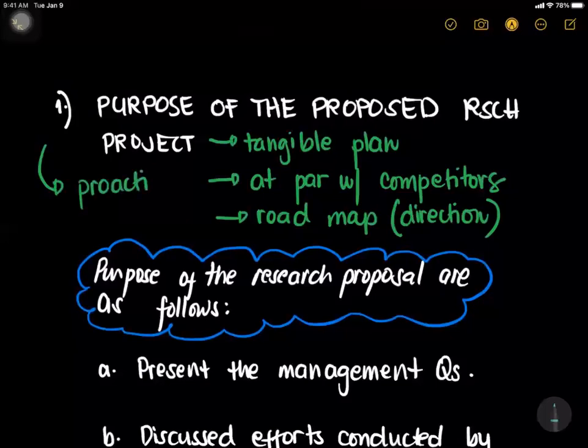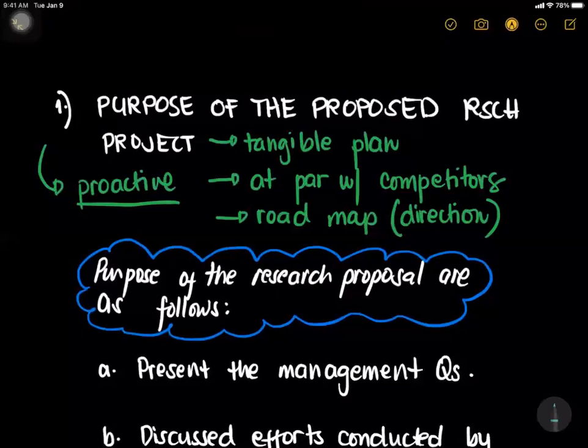That means you have already identified some difficulties that you might encounter, and in your proposal, you must also include the different strategies or course of action that you will undertake just in case these problems, hurdles, or challenges come along the way as you conduct the research study.